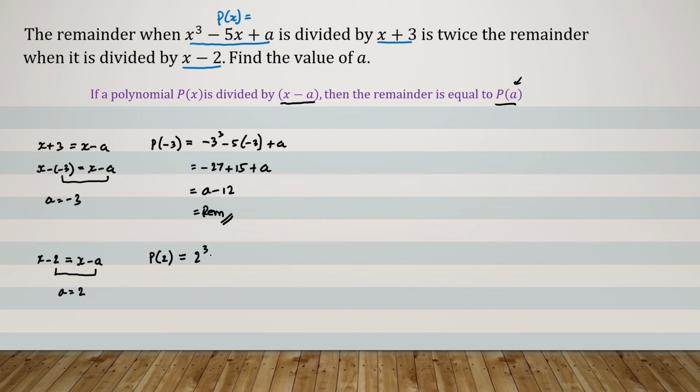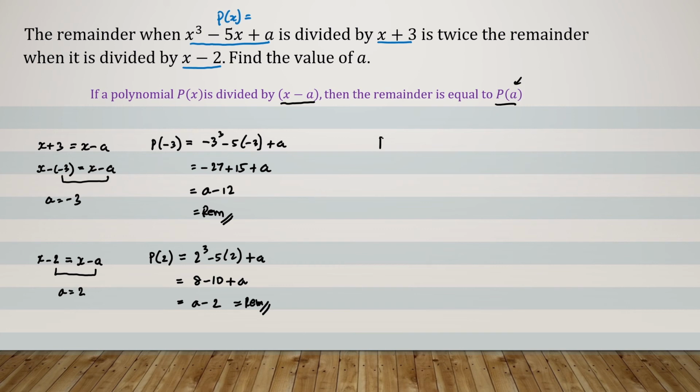We'll get 2 cubed minus 5 times 2 plus a. That will simplify to 8 minus 10 plus a. So we'll get a minus 2. And that will equal the remainder when we divide the polynomial by x minus 2.